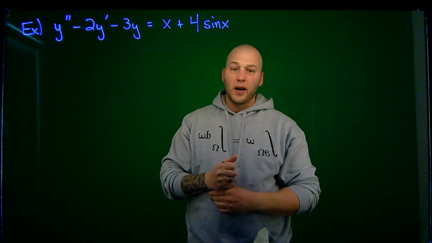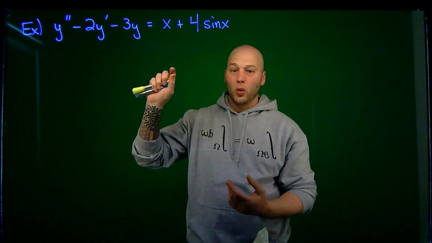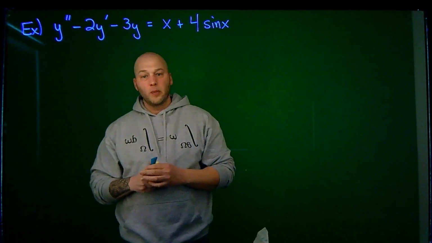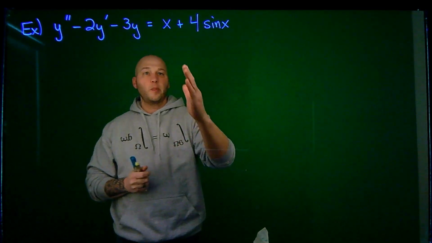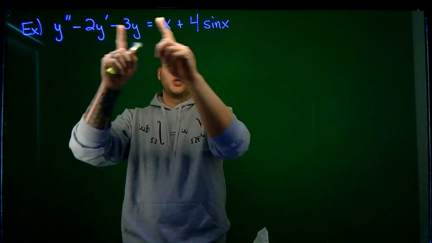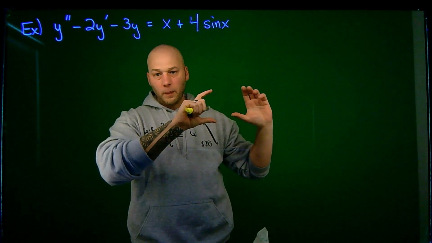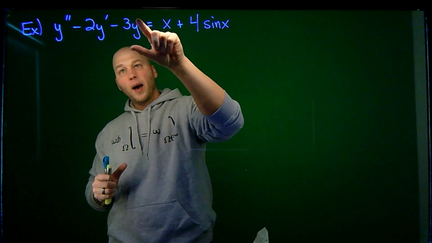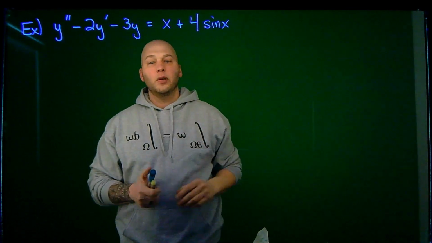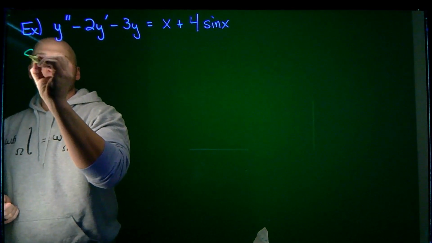So what I have to do to solve this, I have to find not only the solution to the corresponding homogeneous equation, but using the method of undetermined coefficients, I have to see if I can come up with what the term or terms would be that would generate, after I take my solution, plug it into y prime, y double prime, and compute that linear combination, x plus 4 sine x. Therefore, we have to make an educated guess.